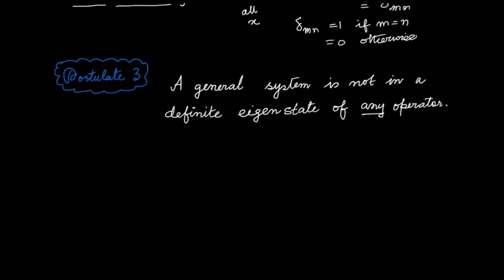Okay, so before we do any measurement, like let's say before we observe it. Okay, so let's say that we are going to observe the dynamical variable A, so the operator is A cap.